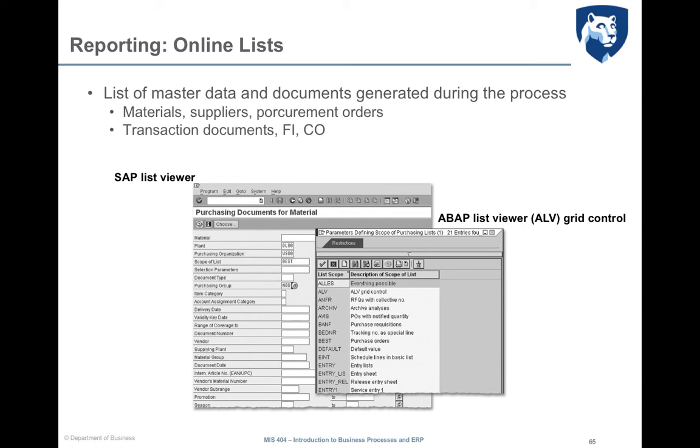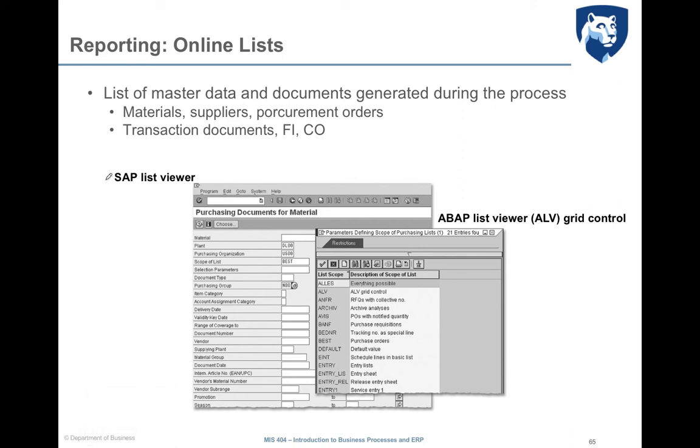The selection parameter determines which documents will be included in the list, so it's up to you to decide if you want to display material documents, vendor documents, or financial accounting documents that are related to the execution of the process. And of course, this transaction report can then be enriched with further parameters such as dates, master data, organizational data, and so on.